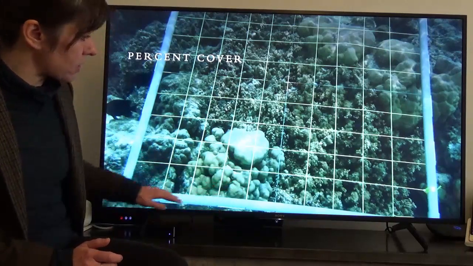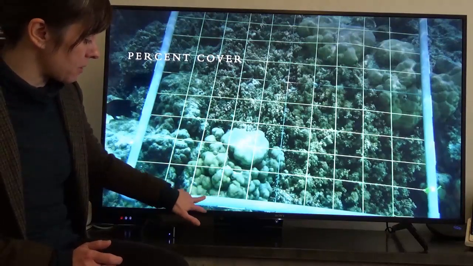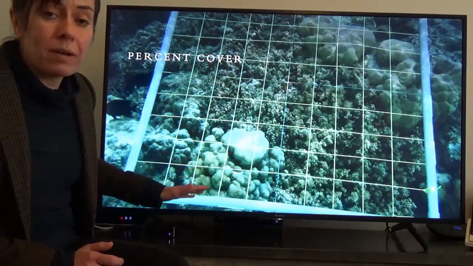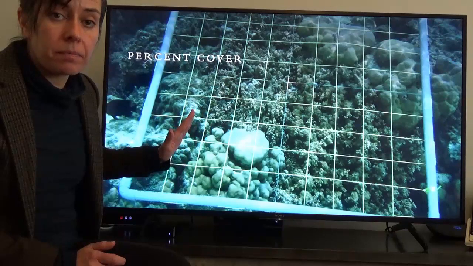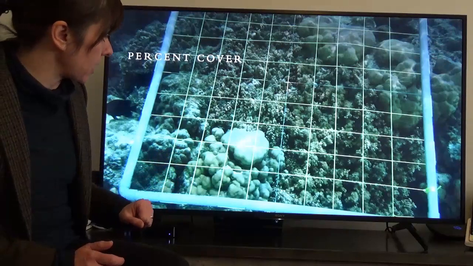If this PVC pipe is a meter long, each of these is 10 centimeters by 10 centimeters, okay? So each is 1% of the grid, okay?